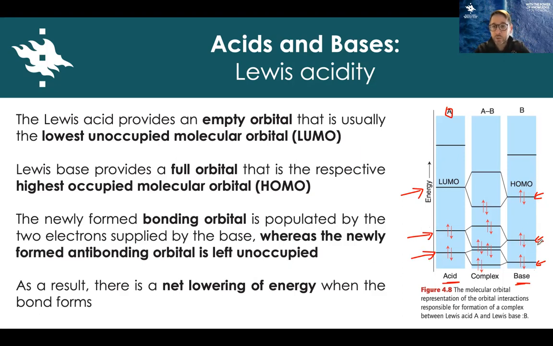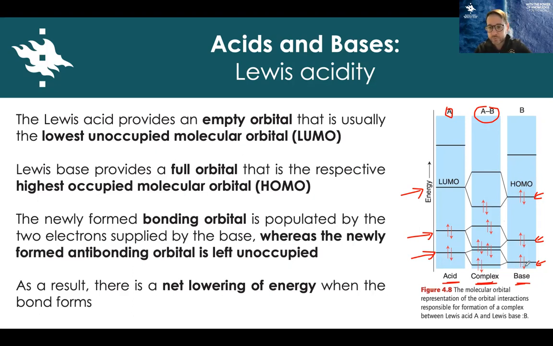Then when we form a bond between the acid and the base, it means that the orbitals of the acid and the base combine to form this coordinate bond, or this AB acid-base complex.